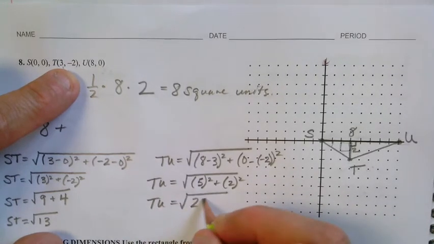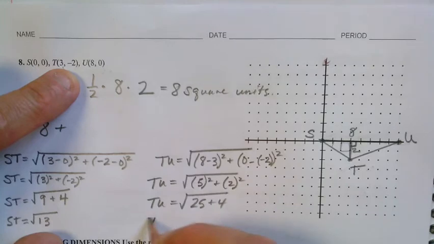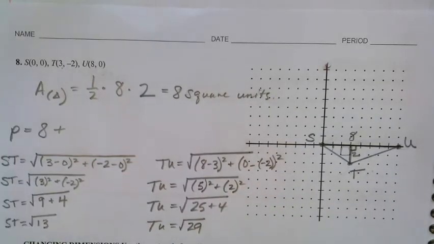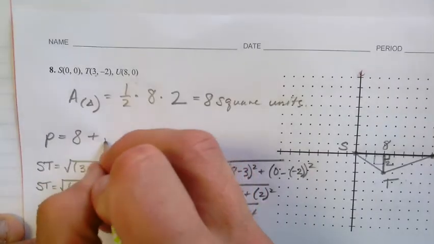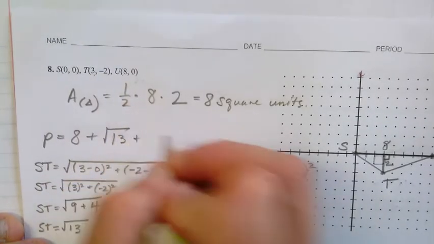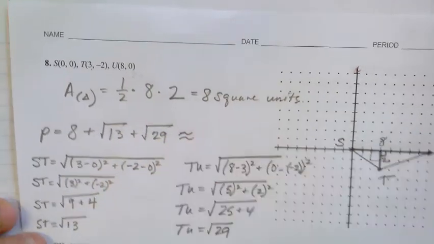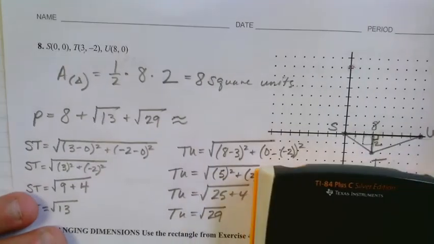So we have 25 plus 4, and TU will equal the square root of 29. So if I add all those side lengths together, the end result, and I'm going to put approximately because this is not going to be exact, is going to be my perimeter.